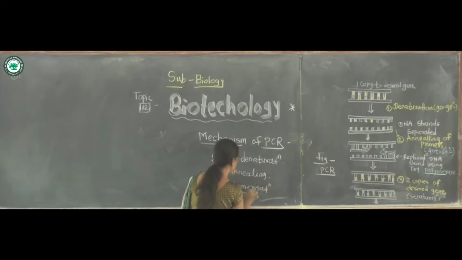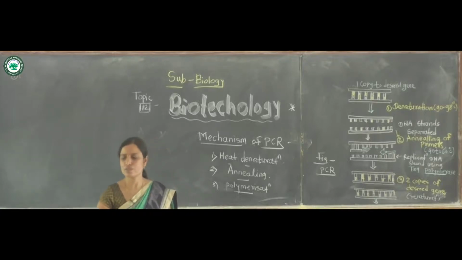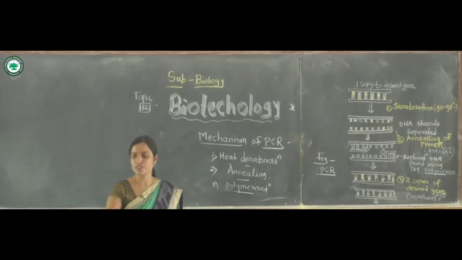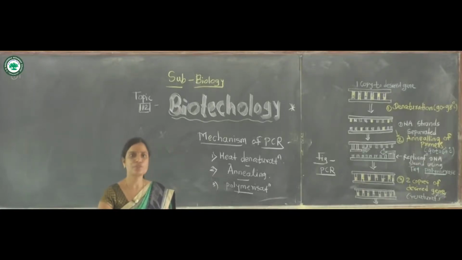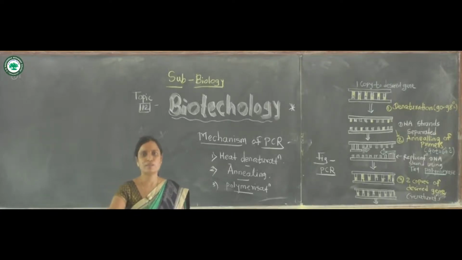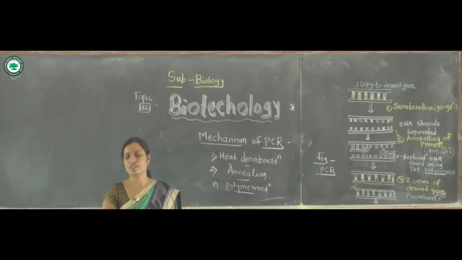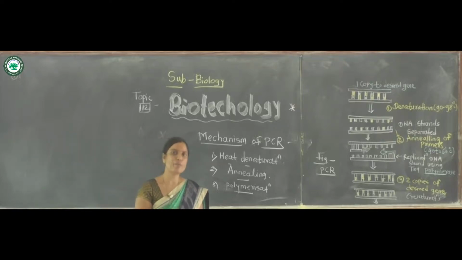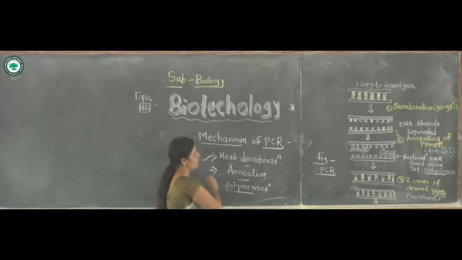These 3 steps are involved in this mechanism. In this PCR technique, the machine starts the PCR with the help of requirements like DNA segments, Taq polymerase and primers. All these molecules are mixed in the machine, and later the machine is operated and performs some steps. The first step is heat denaturation.